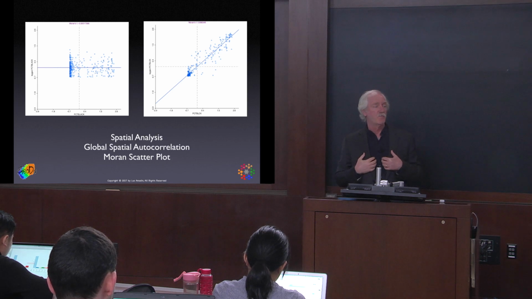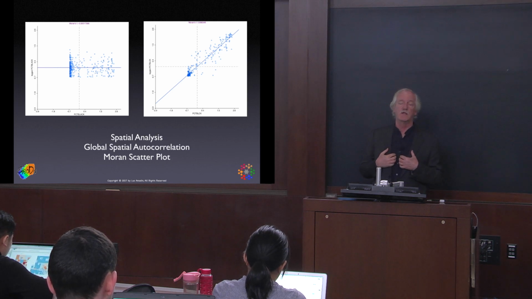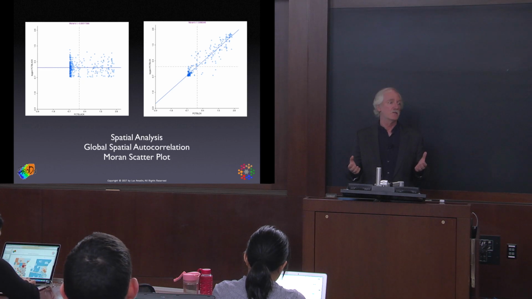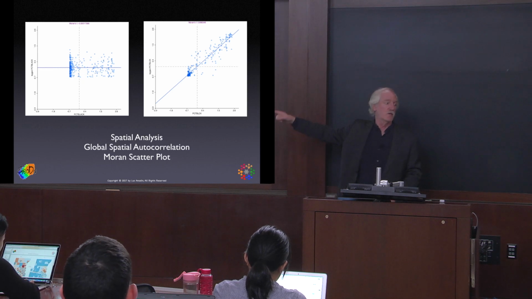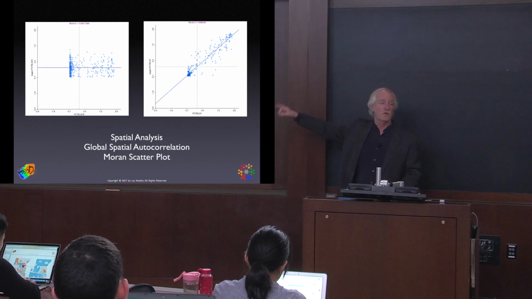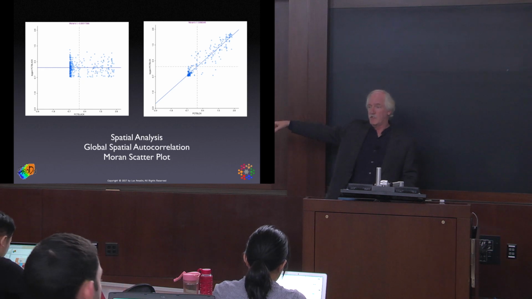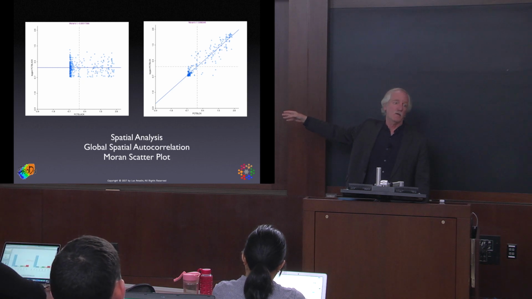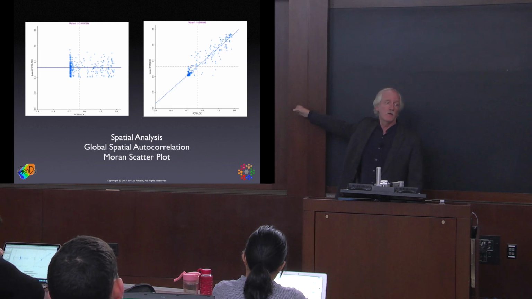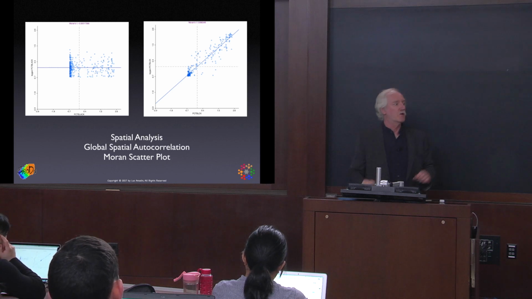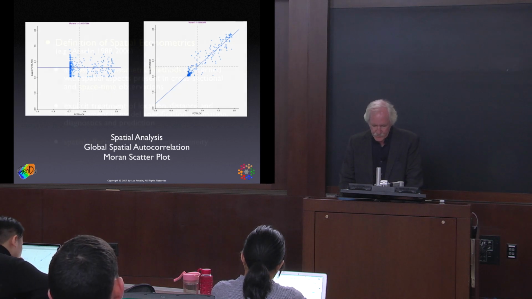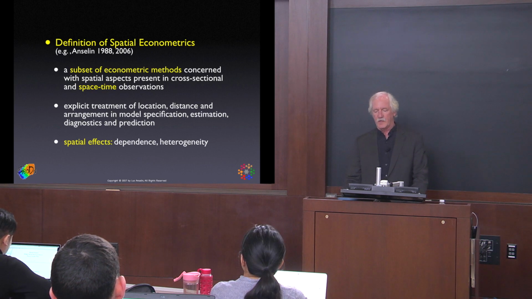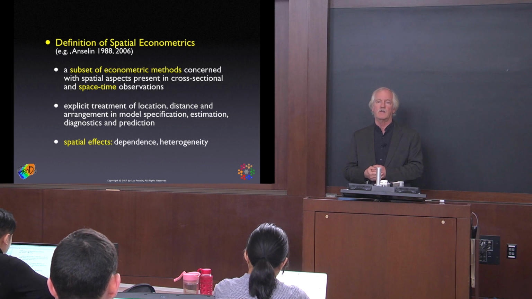And of course, what we will be concerned with is dealing with situations in regression analysis where there is a difference between the two. So we won't focus too much on specification tests and methods where location doesn't matter, but we will focus on the ones where there is a difference, whether or not you take this into account. So spatial econometrics then, at least the way I think about it, is a subset of econometric methods.